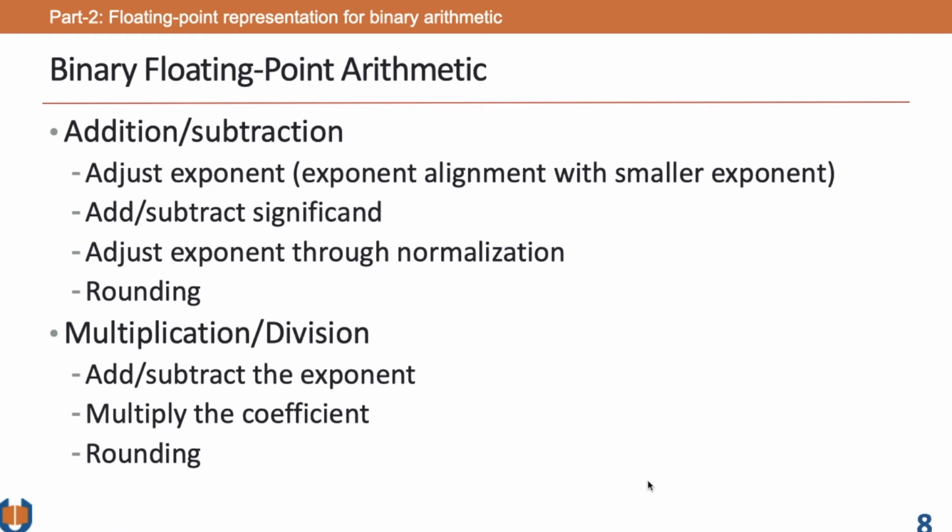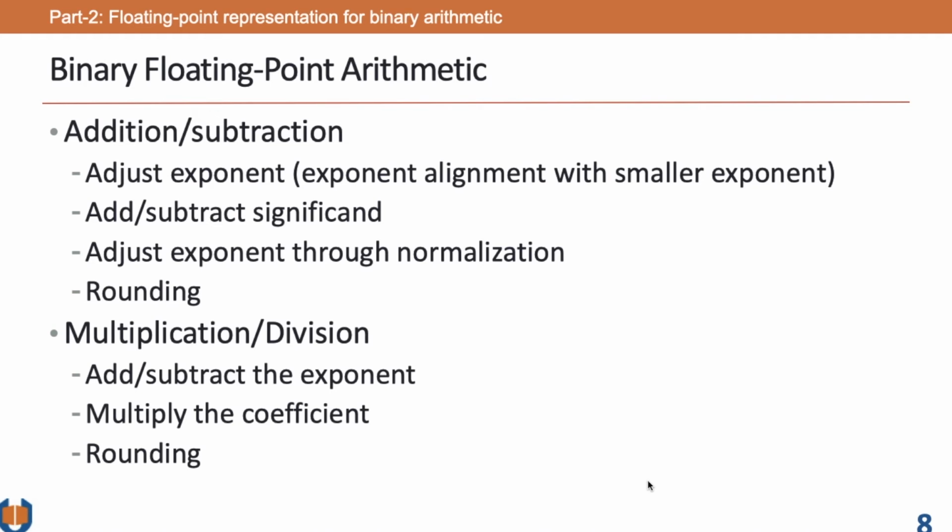Okay, so till now we know the standard of floating point numbers. We also know a floating point number has 3 parts: the sign, the exponent, and the coefficient or significand or mantissa.